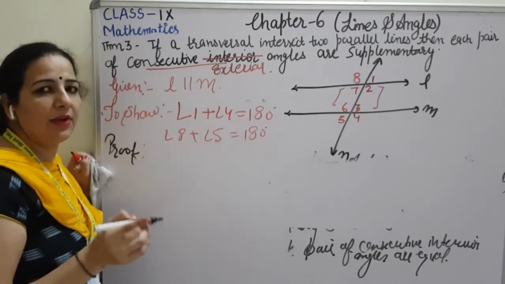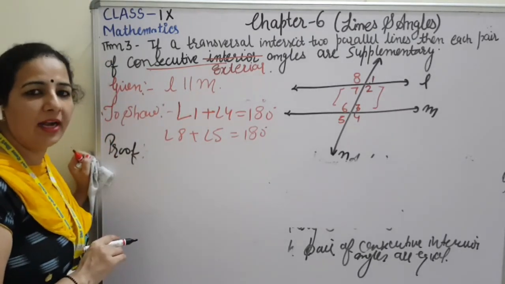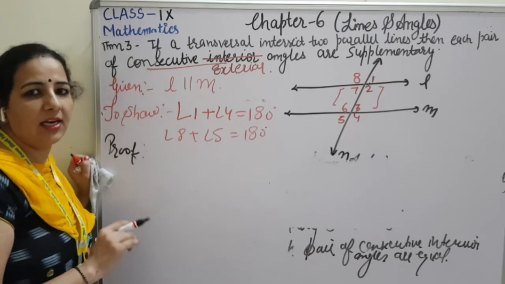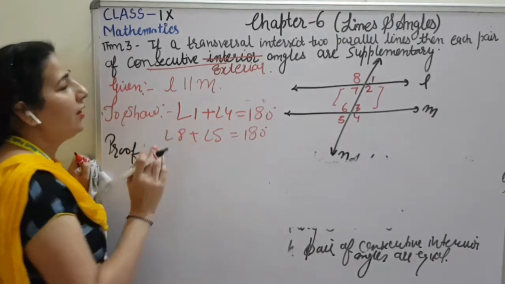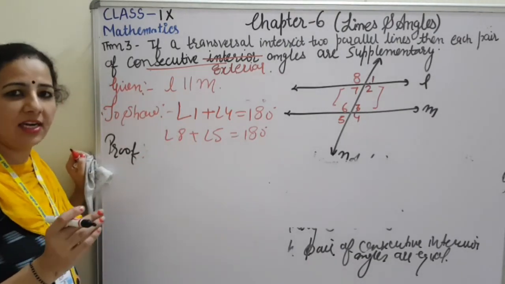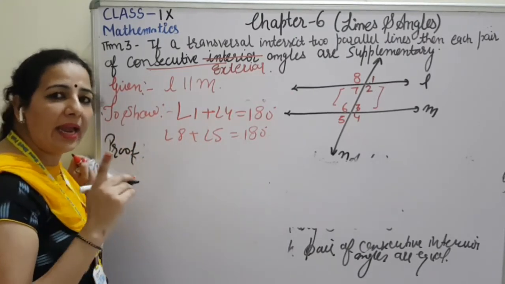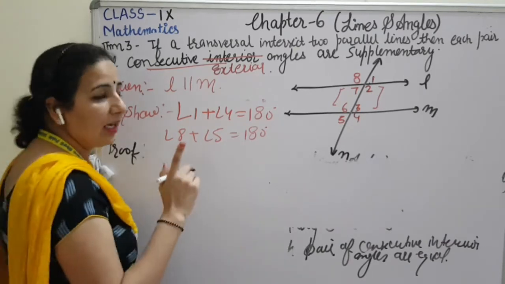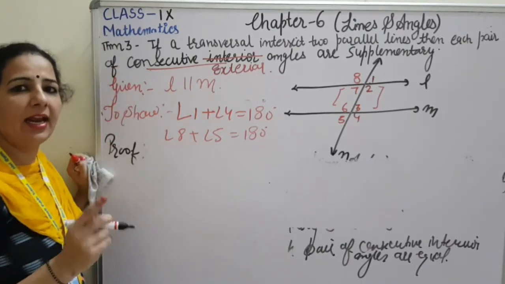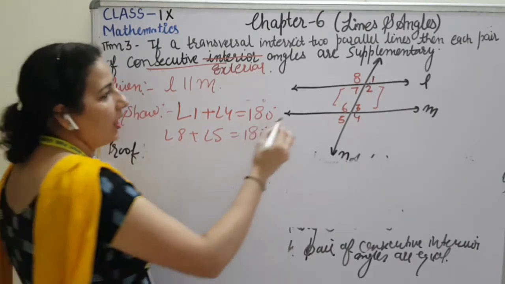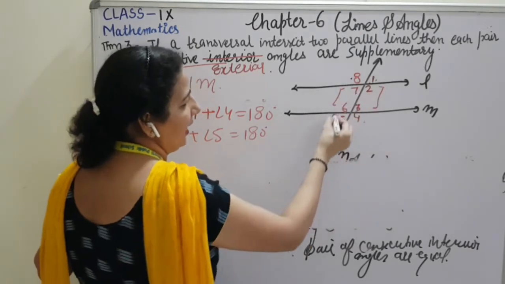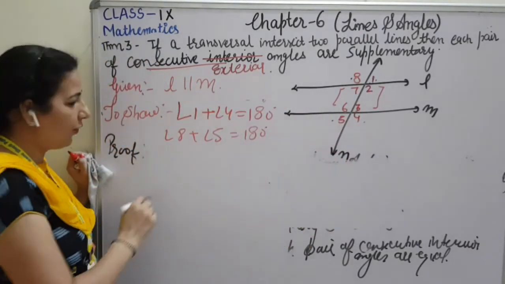Means conjugative interior angles are supplementary and conjugative exterior angles are also supplementary. What is the meaning of conjugative exterior angles? Same side of the transversal line and both should be exterior. In the corresponding angles, one is interior and the other is exterior. So here I have taken 1 and 4, and 8 and 5. We have to show it for them.